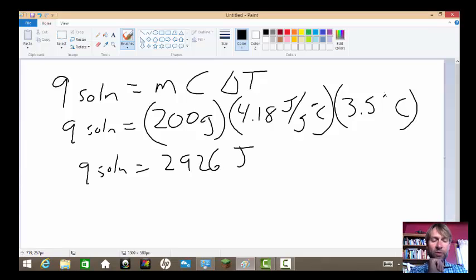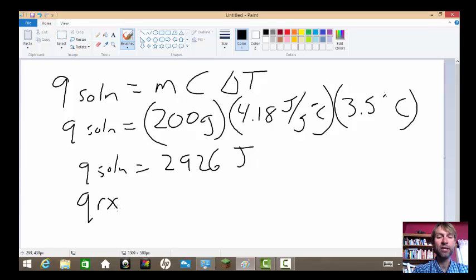Okay, now what we really want to find is the heat of reaction. This is the heat that was taken up by the solution that we were able to measure with the temperature change, but we want to find the heat that was released by the mixing of H+ and OH-. Well, we're going to assume that it's an isolated system.